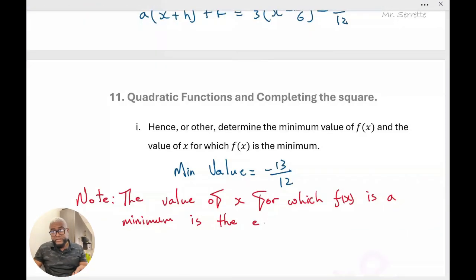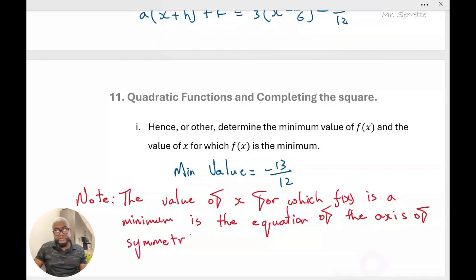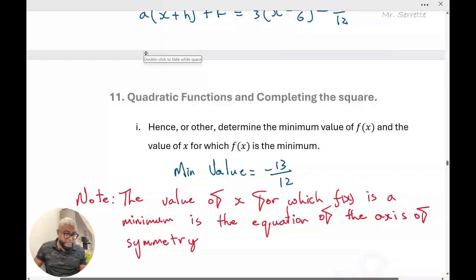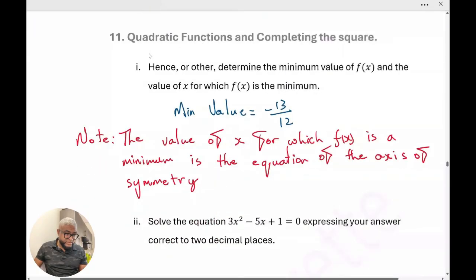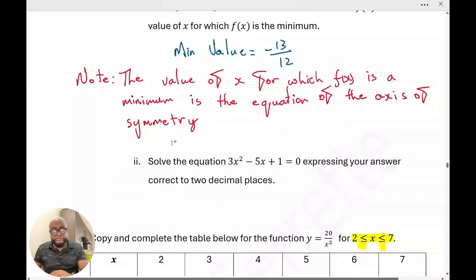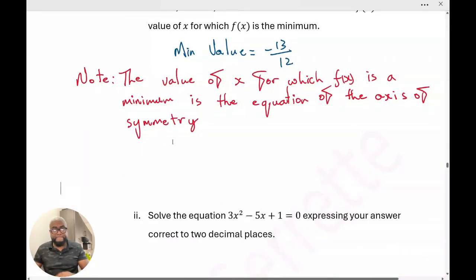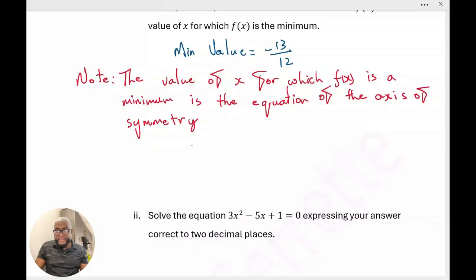Write it, Johnny. The equation of the axis of symmetry. Right. So x is equal to negative h is the value of x for which f of x is our minimum.